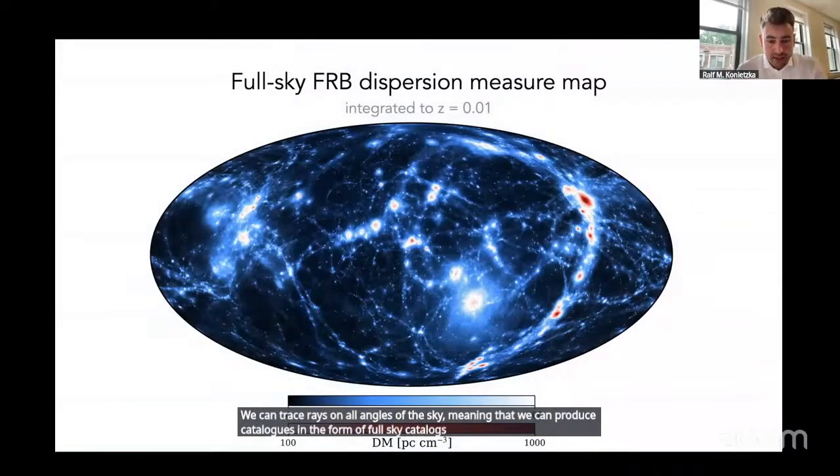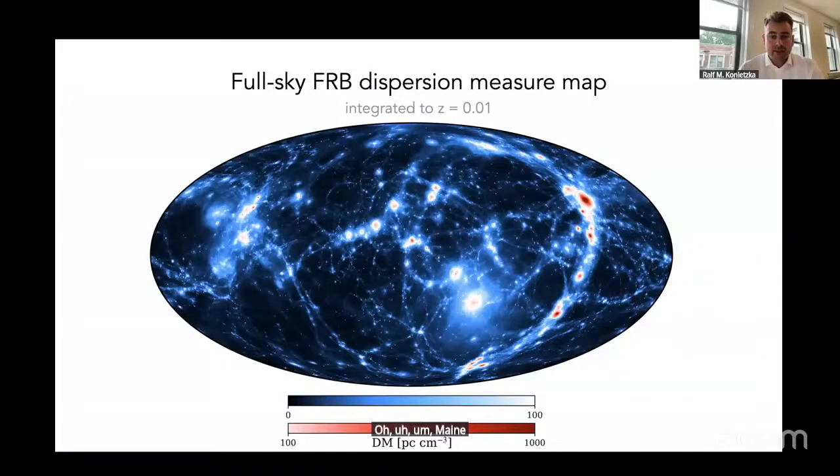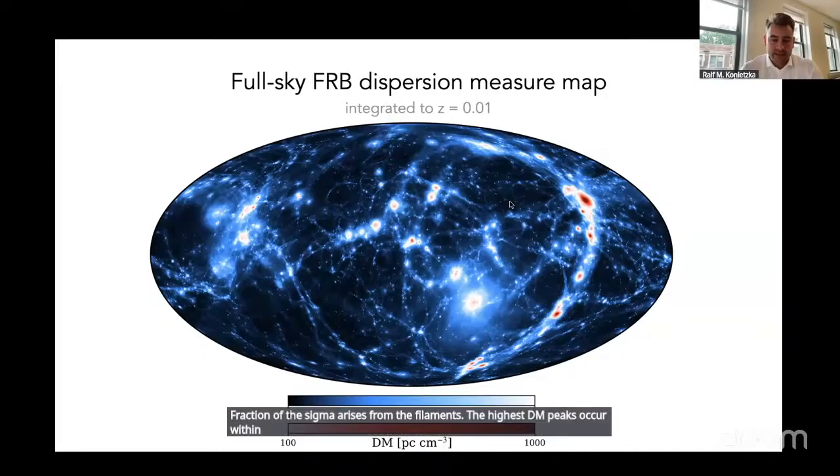I'm showing here our main full sky map integrated up to redshift 0.01. You see how the voids in black are traversed by blue filaments and red halos. It's especially important to note here that while most of the DM fraction arises from the filaments, the highest DM peaks occur within the halos highlighted here in red.